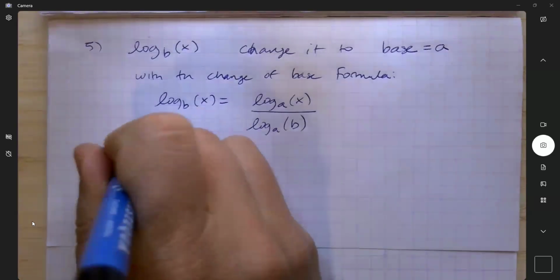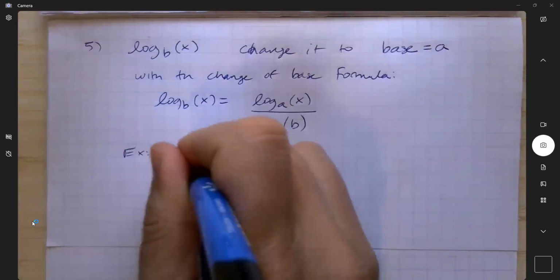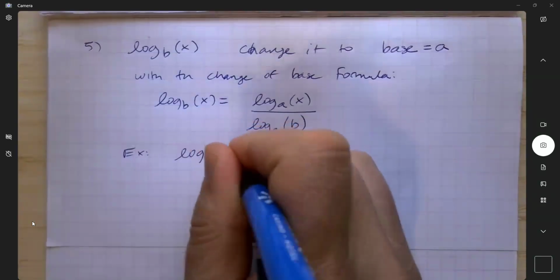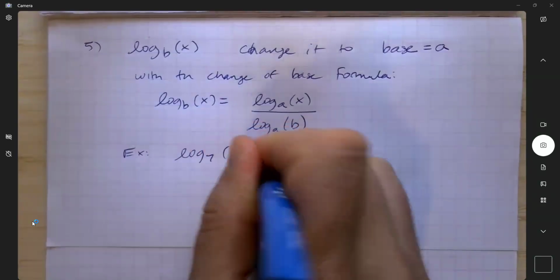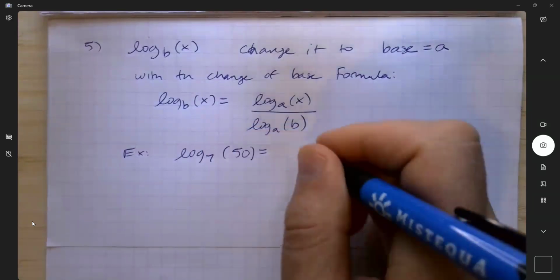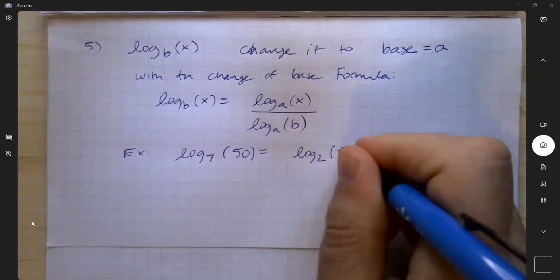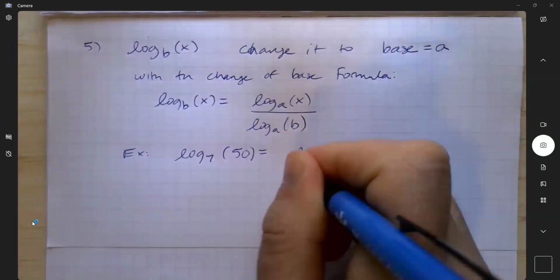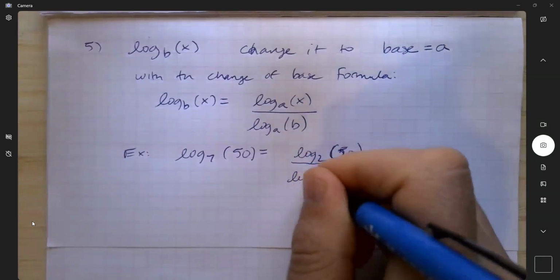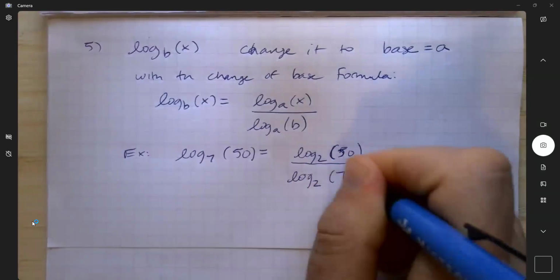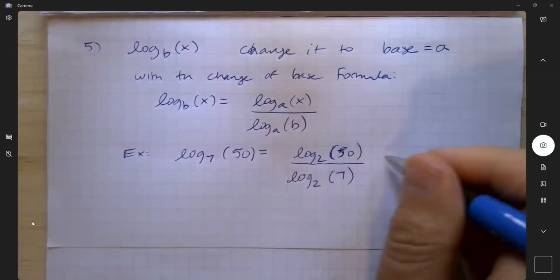Now, let me give you an example. Log base 7 of 50. I can write this as log base 2 of 50, and then I divide that by log base 2 of 7.